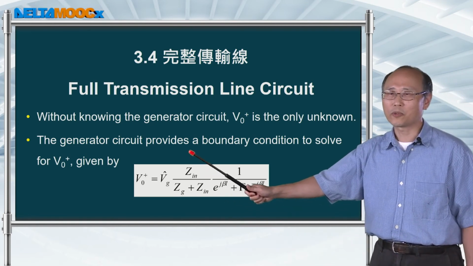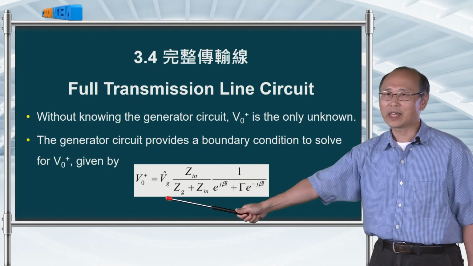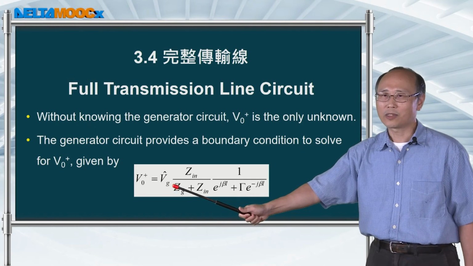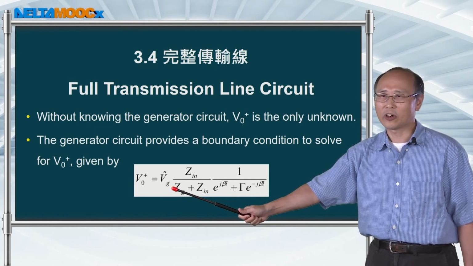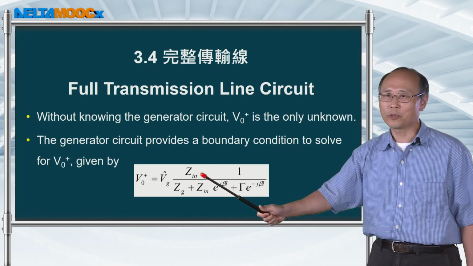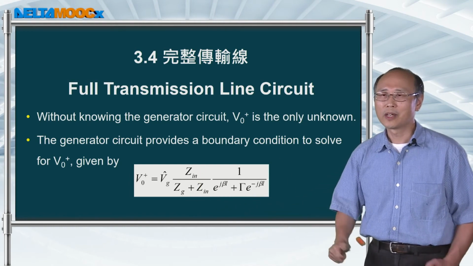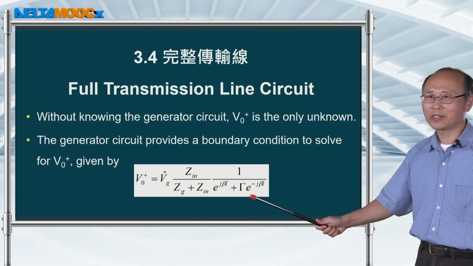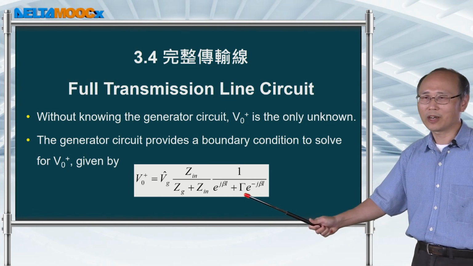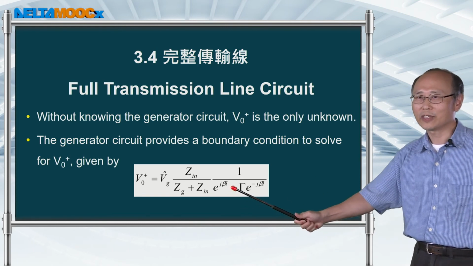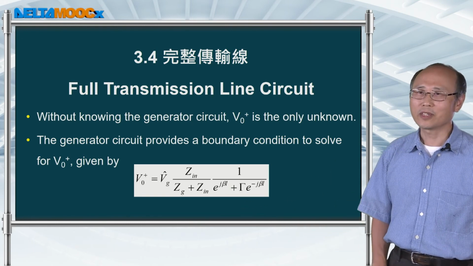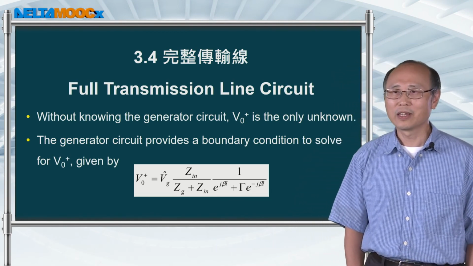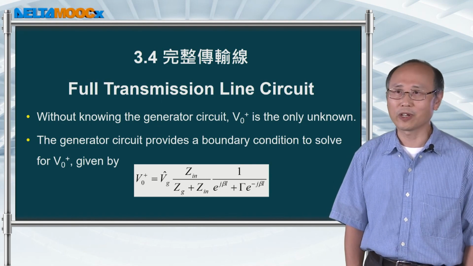Once you finish your calculation, you end up having the forward voltage equal to this, which is derived from the generator voltage, the input impedance of the line, and the generator impedance. The last part of this expression is due to the propagation of the signal on the line over a distance of L. So this is section 3.4. I hope that now you have a full picture of the transmission line.